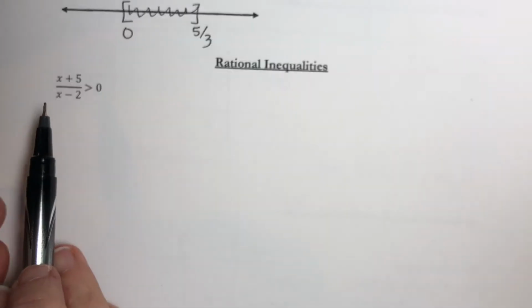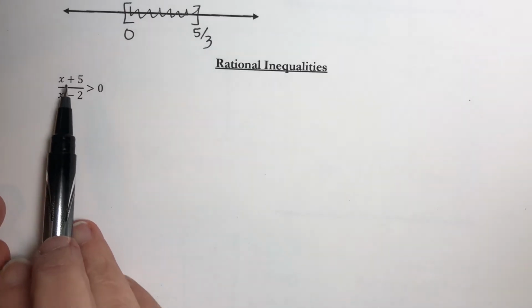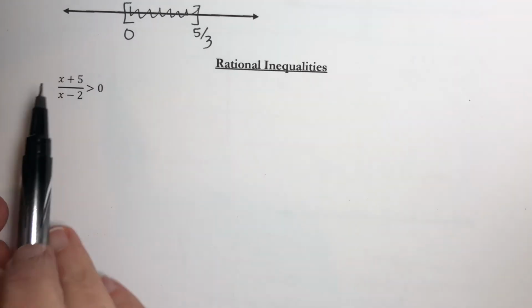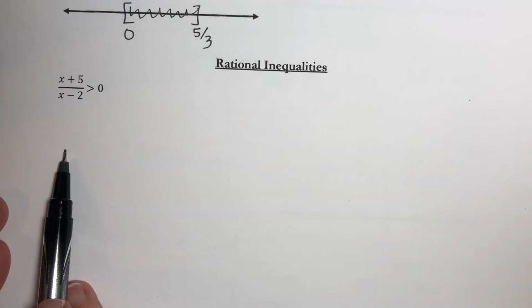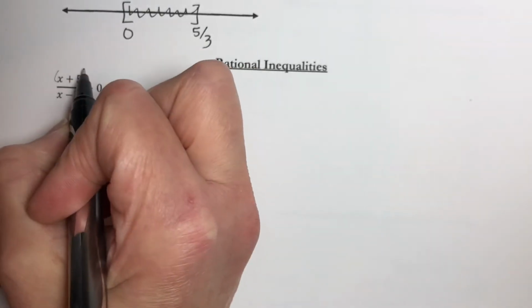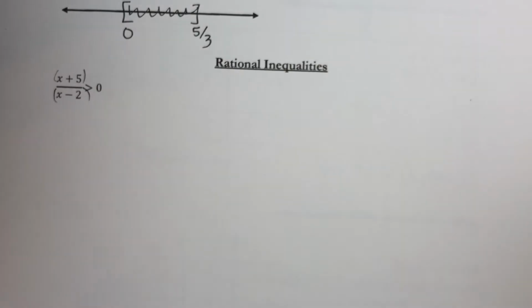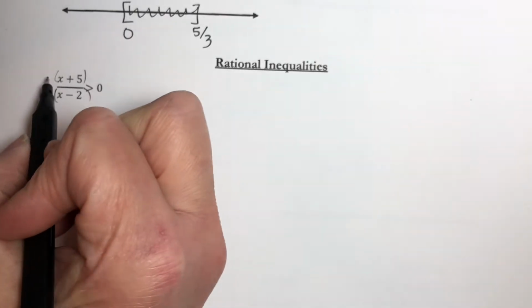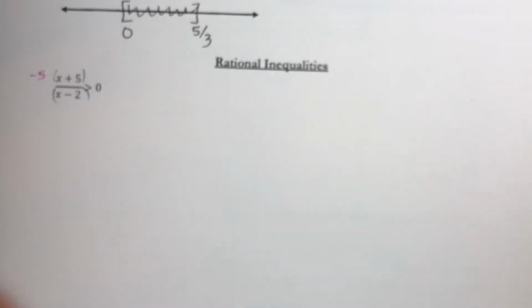Now, what you want to do is make sure the top and the bottom are as factored as possible. And neither of these factor. Then you ask yourself what numbers would make both of them 0, just like we did before on the other factors. It's just now they're on the top and the bottom. Well, if I plugged in a -5 here, I would have a 0.